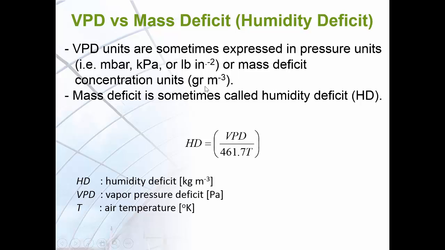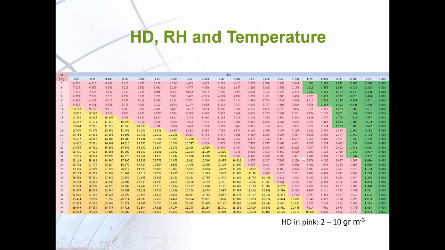The difference again is going to represent the vapor pressure deficit, however, using a different unit and in terms of mass deficit concentration units. And we can convert from vapor pressure deficit in pressure units to mass deficit concentration units, and this correlation is basically temperature dependent, as you can see in this equation.